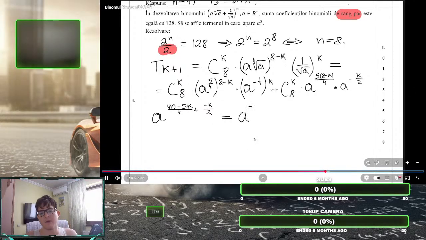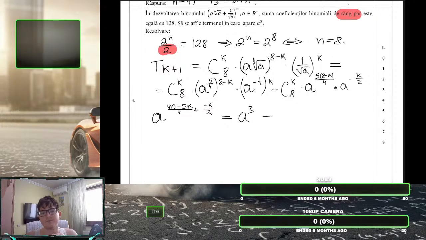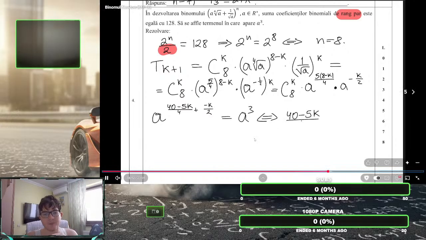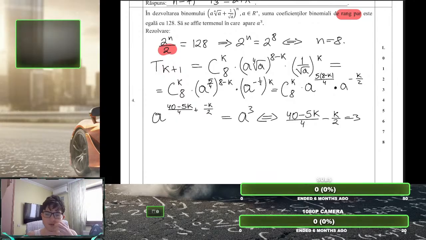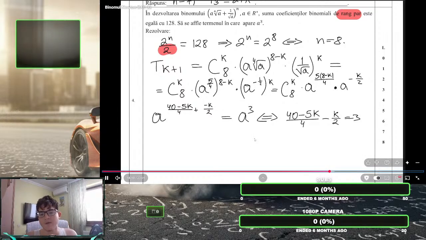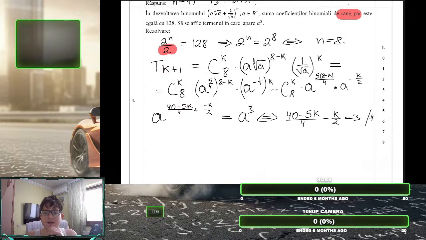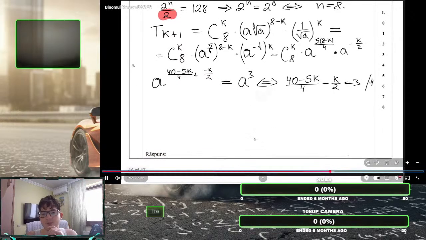Equal with a to the power of 3. Amazing. Now this minus k divided by 2 equal to 3. Get the same common denominator right there, which is 4, so it's the same thing but minus 2k, so we're gonna have 40 minus 7k divided by 4 equal 3.